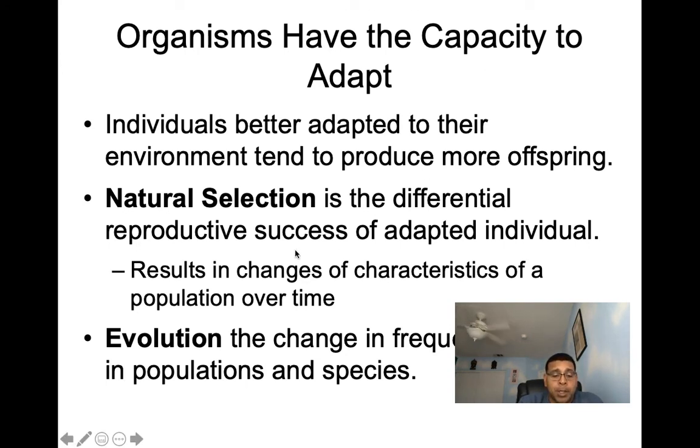Natural selection is the differential reproductive success of adapted individuals, and it results in changes of characteristics of a population over time. And then we use the word evolution. Evolution is the change in frequency of traits in populations and species.